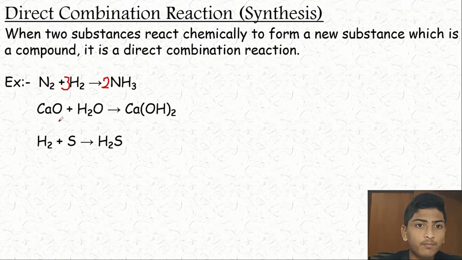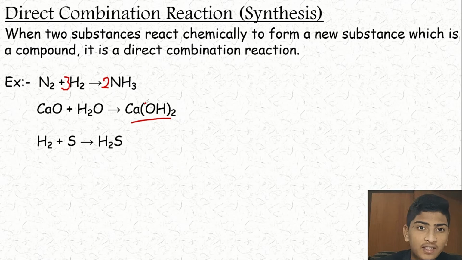Next, these are examples of direct combination reaction. It means two reactants combine and form one product. Here CaO, that's calcium oxide, plus water, we get calcium hydroxide.